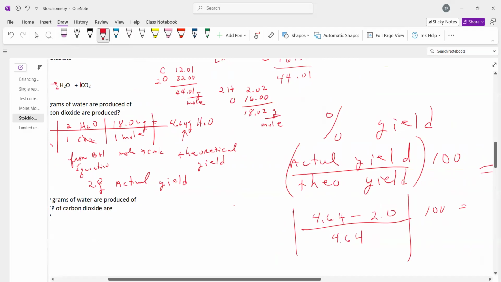That'll be your percent yield. I'm just showing you how to do percent yield.